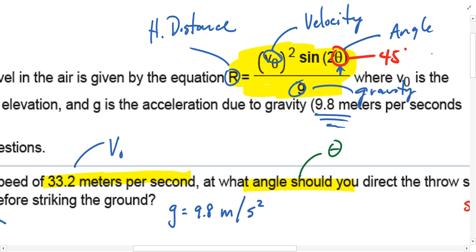That way you're not losing any of your energy by throwing it up too far vertically, or by throwing it at too shallow of an angle. The optimal angle is 45 degrees, right in the middle between vertical and horizontal.